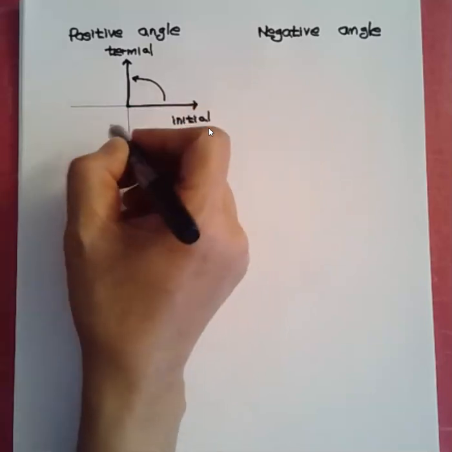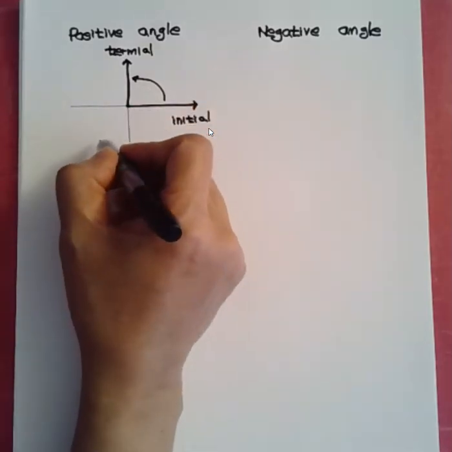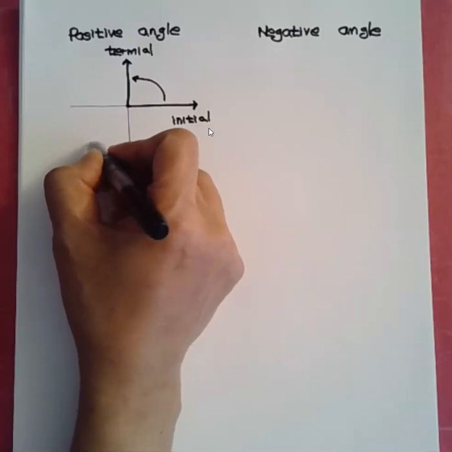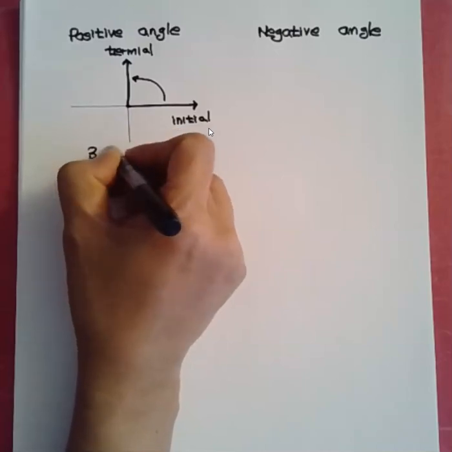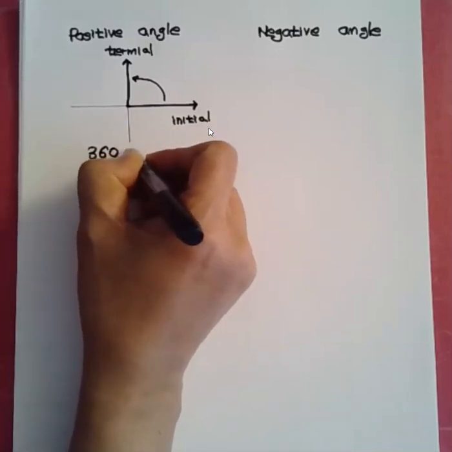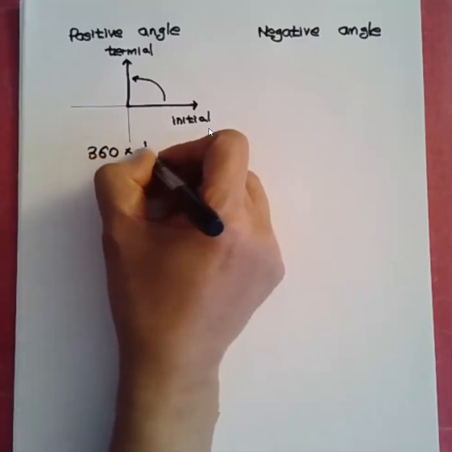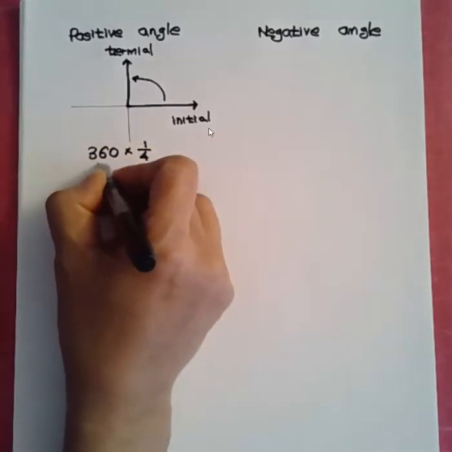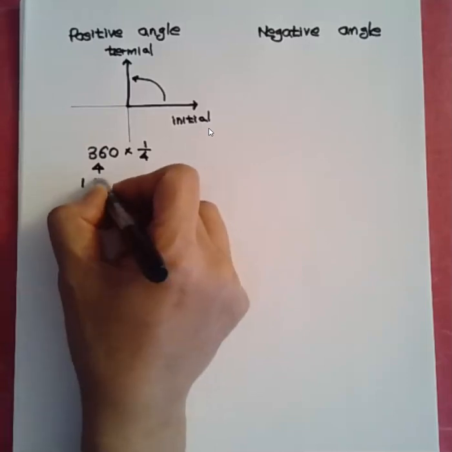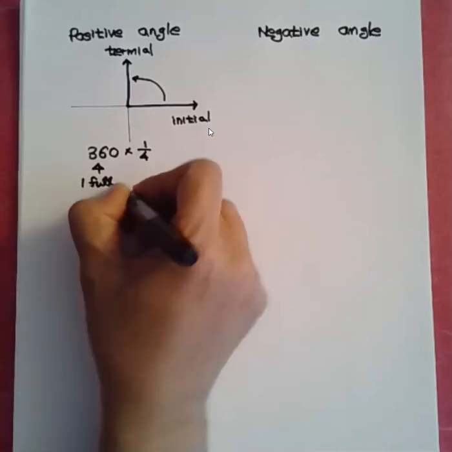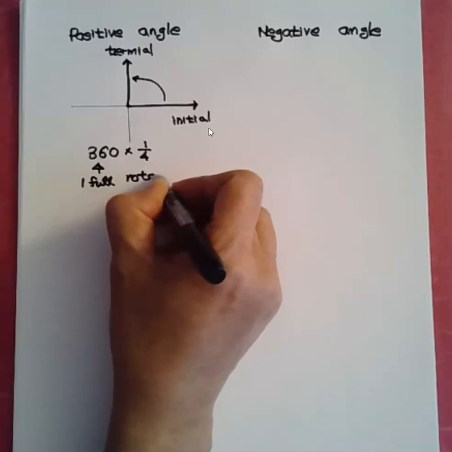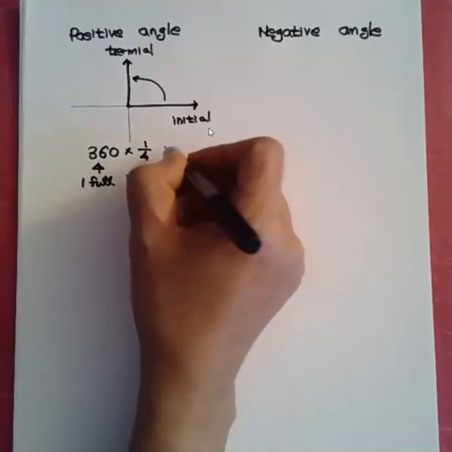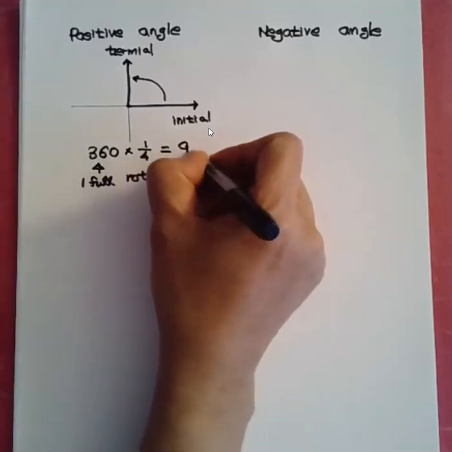In this case, this is 1/4 of one full rotation. So we simply multiply one full rotation by 1/4. So we get 90 degrees.